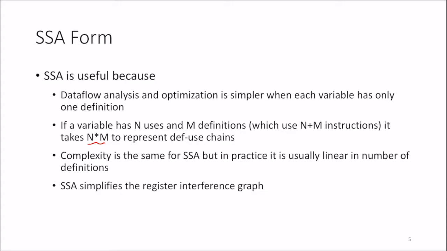But if I have n uses and essentially one definition for each variable, then I always have a linear combination of the two. The worst case complexity is the same for static single assignment, but in practice, on average, it usually only has a linear number of definitions, so you can easily keep track of where something was defined and where something was used. We'll see later that static single assignment also simplifies register allocation because you're not redefining things.